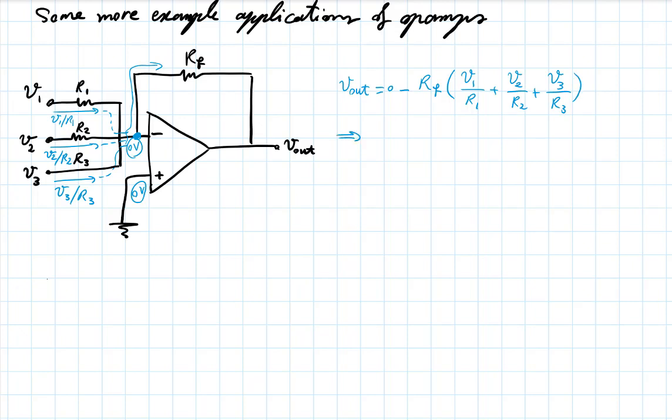So maybe you can think about it more like this. V out is, with a negative sign, this.